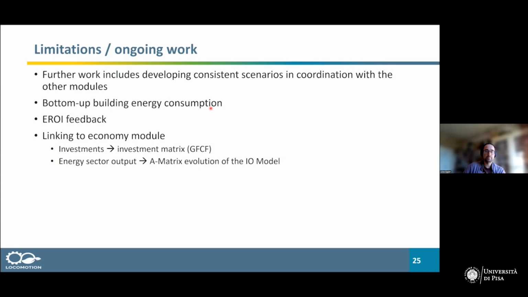We haven't the EROI feedback present in final energy consumption, and probably one of the most important ongoing strands of work is that we haven't linked the investments to the investment matrix, and we also haven't linked the energy sector output to the A matrix of the IO model, which is something that we still plan to do.